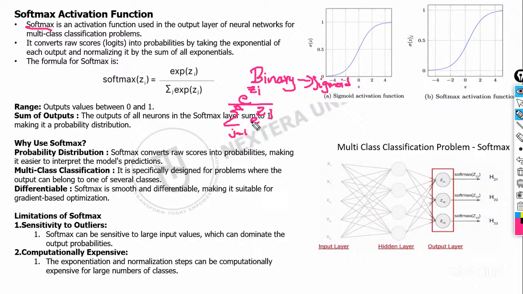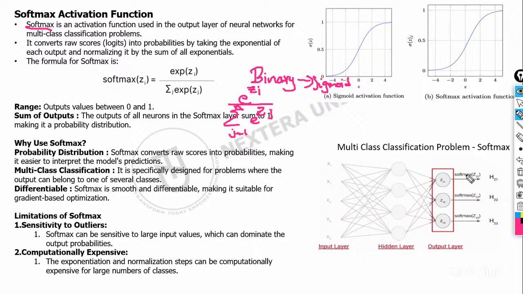So you add up all the values of the exponent and divide by the particular value, so that you get values ranging between only 0 to 1. In short, it is also going to calculate probabilities. These probabilities will be given for each and every class. Wherever there is the highest probability for one class, that will be given as output.